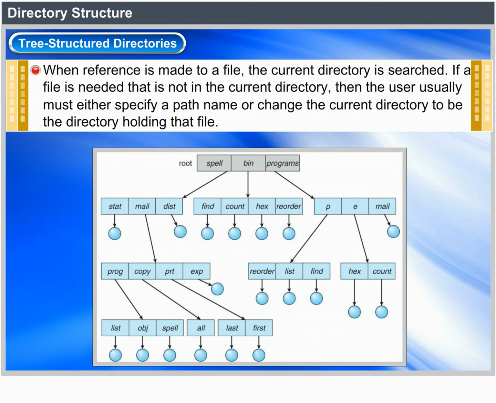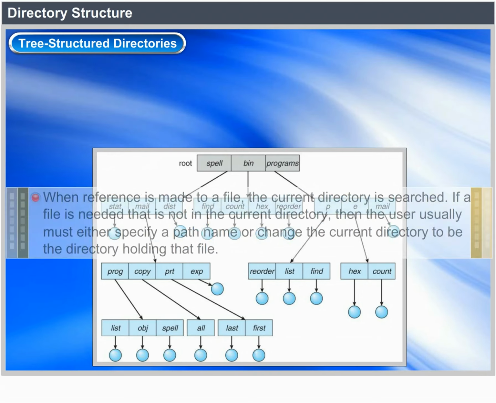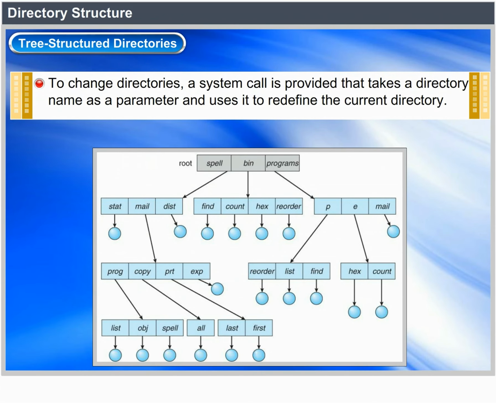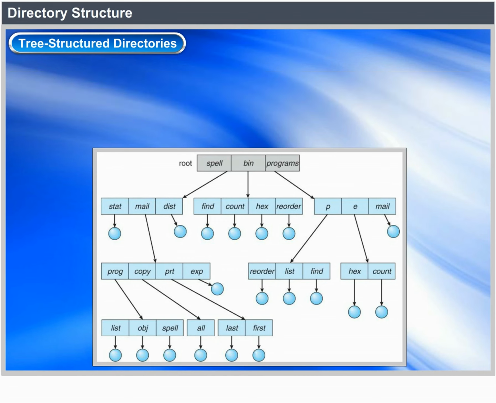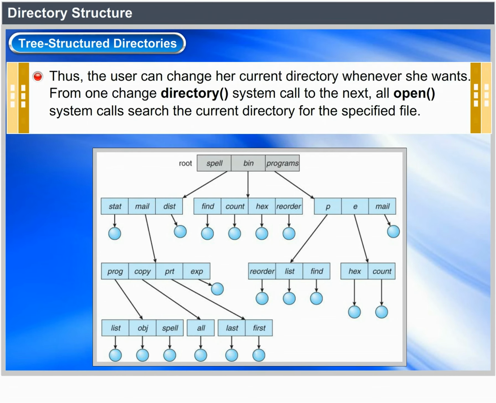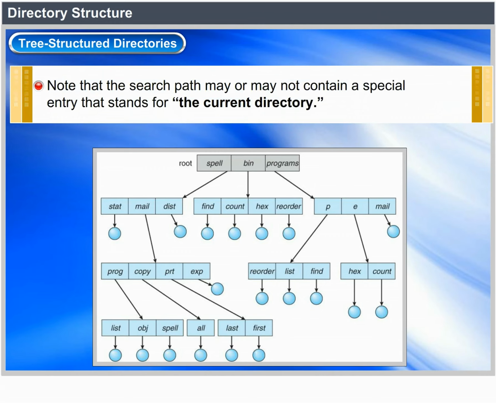To change directories, a system call is provided that takes a directory name as a parameter and uses it to redefine the current directory. Thus, the user can change the current directory whenever she wants. From one change directory system call to the next, all open system calls search the current directory for the specified file. Note that the search path may or may not contain a special entry that stands for the current directory.